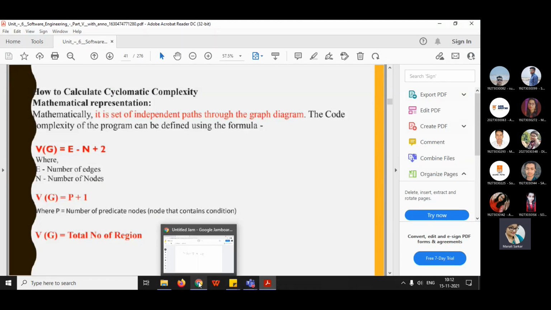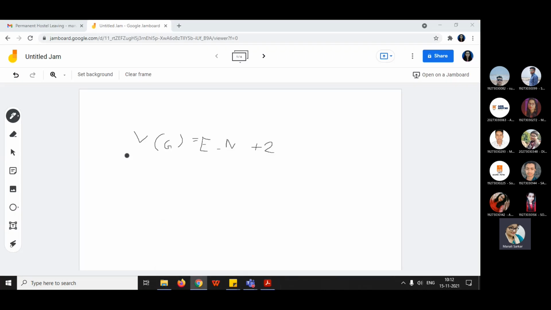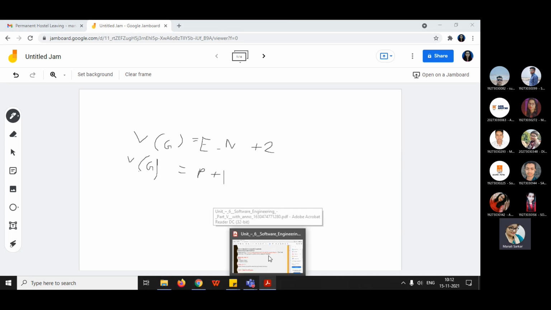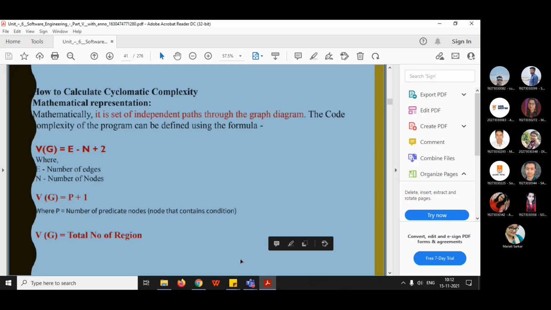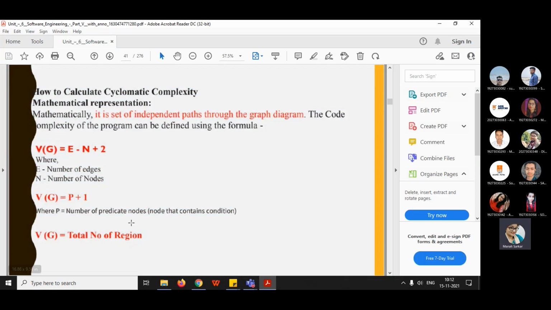P is the number of predicate nodes. So another formula is Vg equals P plus 1, where Vg is the total number of regions.